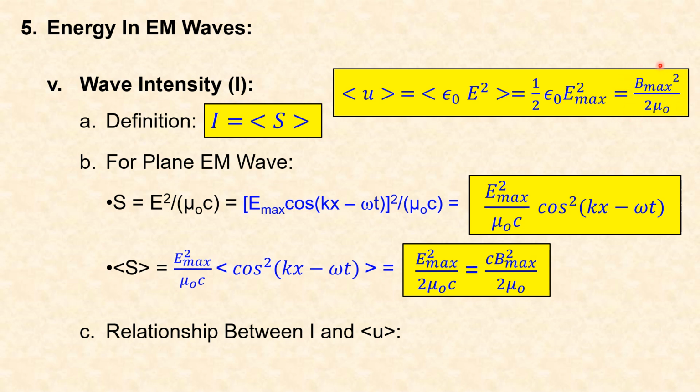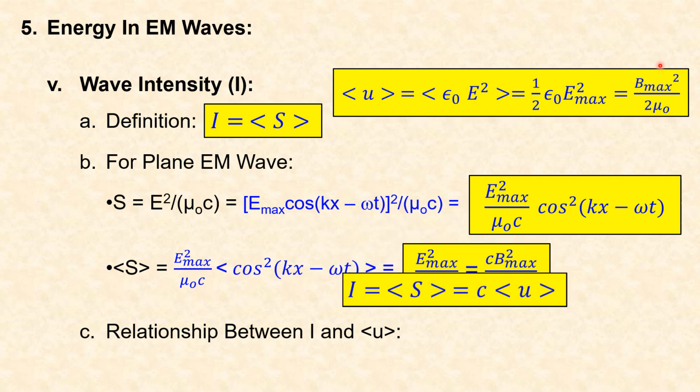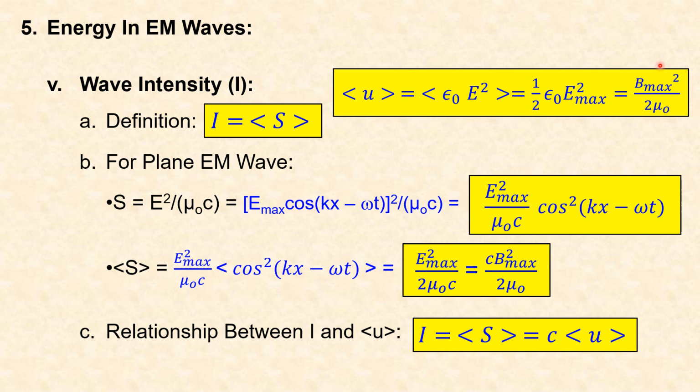So hopefully you see that these two expressions are related by this factor c. The wave intensity, that is the average value of the pointing vector, goes like the speed of light times the average value of the total energy density of the wave.